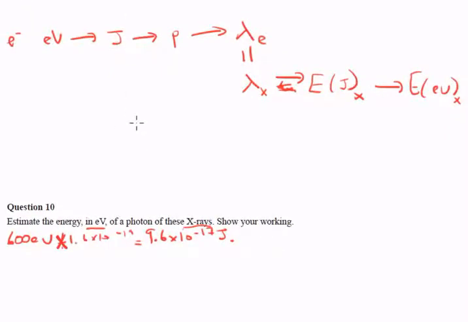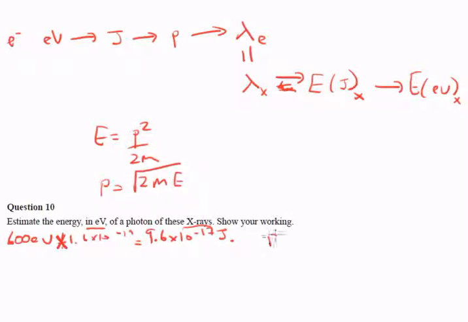Now I'll do the working up here. Energy equals P squared over 2m. If I want to find P, going from joules to P, I multiply both sides by 2m and then take a square root.